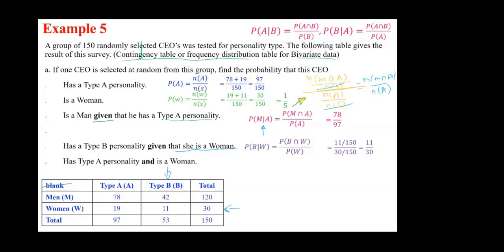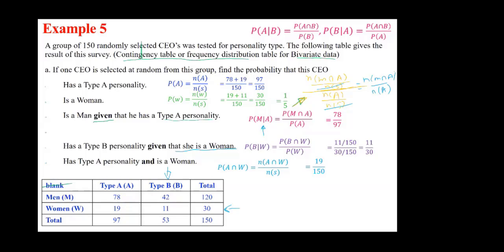So with that being the case, you want the probability of A intersection W. By definition, it is N of A intersection W over N of S. We start with the sample space always. In this case, it is the whole thing, 150. And what is in common between the A column and the W row? That's 19. Now, you can just read it from the table, and that's good enough.